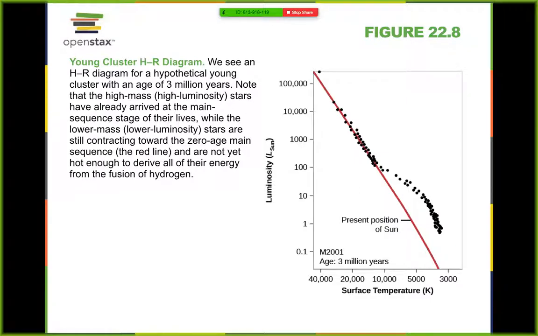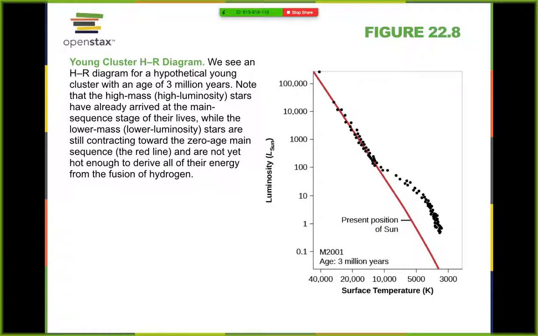And here's an example. So we have a cluster, I don't know which cluster, there is no name, but what is being shown here is that if you look in the lower end of this HR diagram, those dots represent stars that are still slowly contracting towards the main sequence.